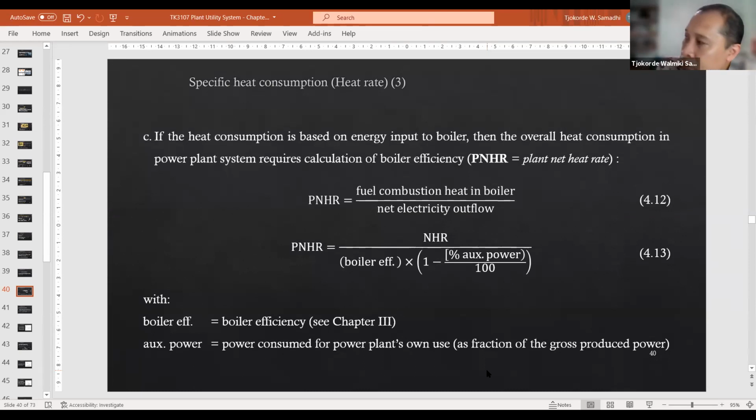Hang on a second, let me rack up my memory. Yeah, PT Badak, for example. Each process train, each process plant in PT Badak's LNG liquefaction, has its own boiler and its own power plant. They have their own steam turbine.